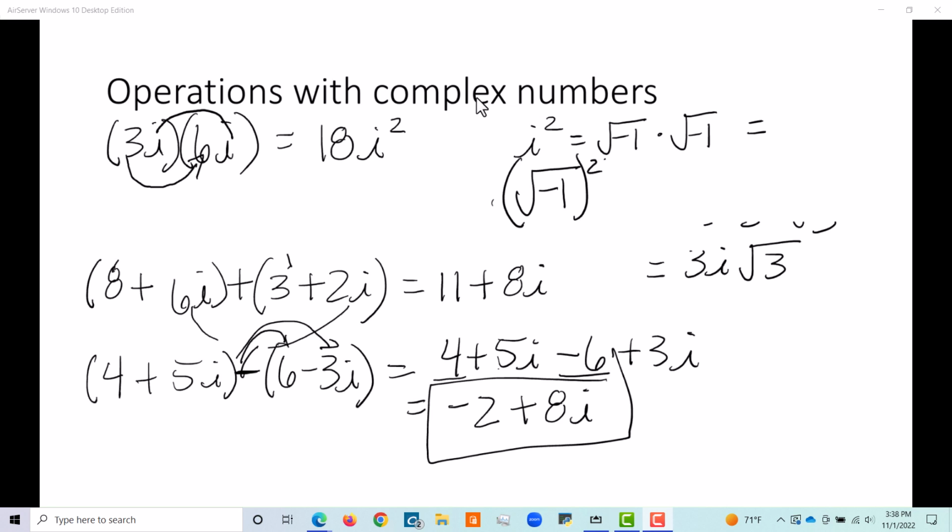And we know that when your power matches the index, they undo each other and you're left with just what is under the radical. So i squared is equal to negative 1. What we have here is 18 times negative 1. So my final simplified answer would be negative 18.